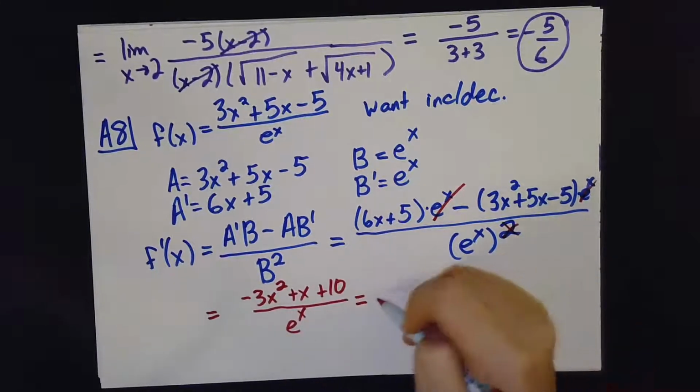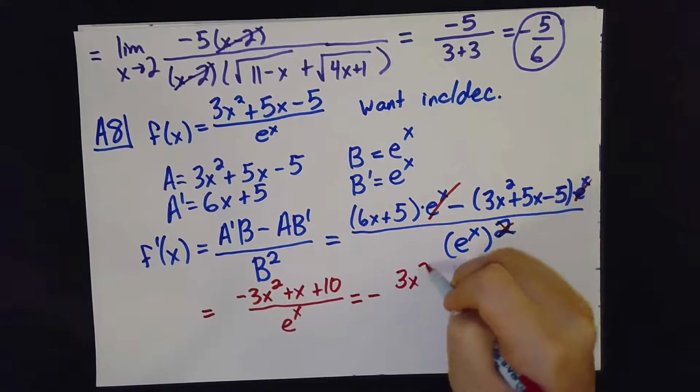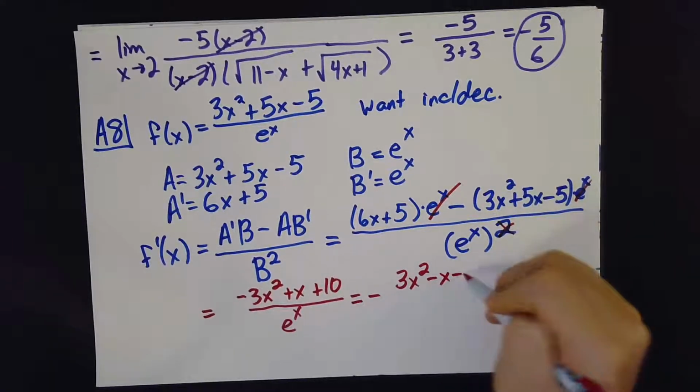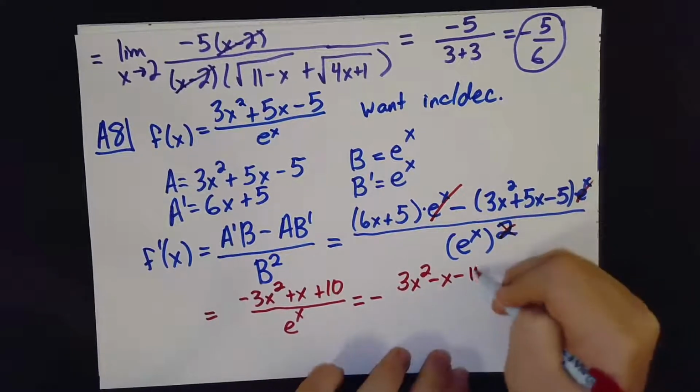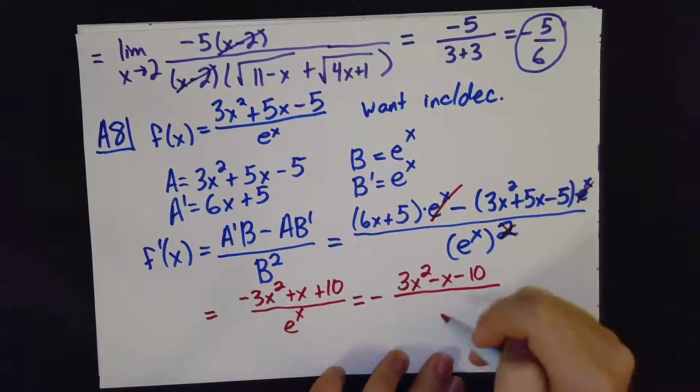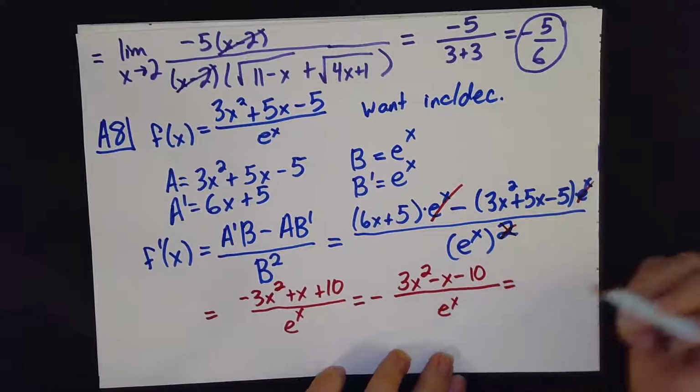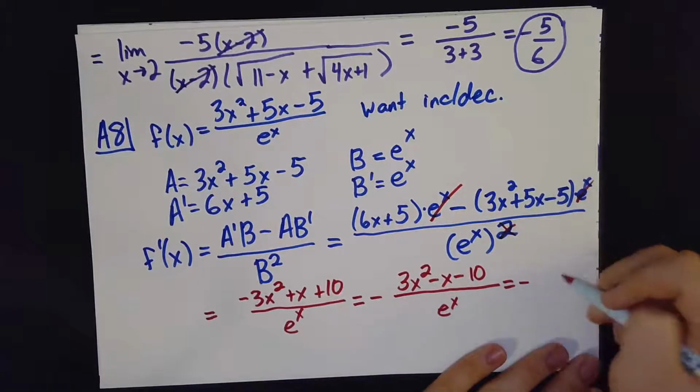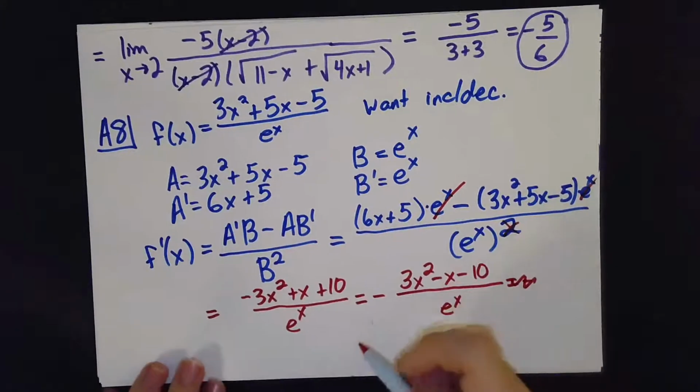I'm going to factor a minus out of the front of this to make factoring it a little bit easier. Okay, so this is minus. I'll do this on the next line.